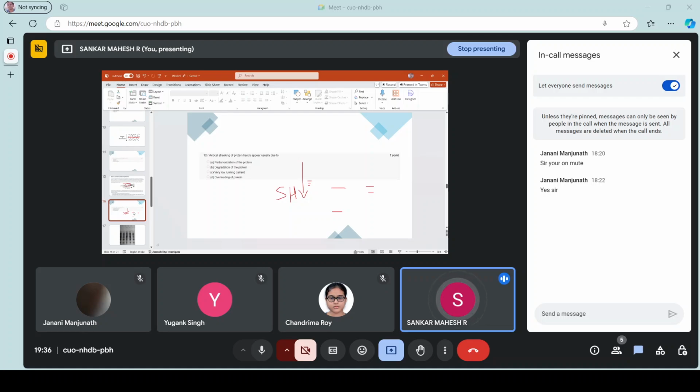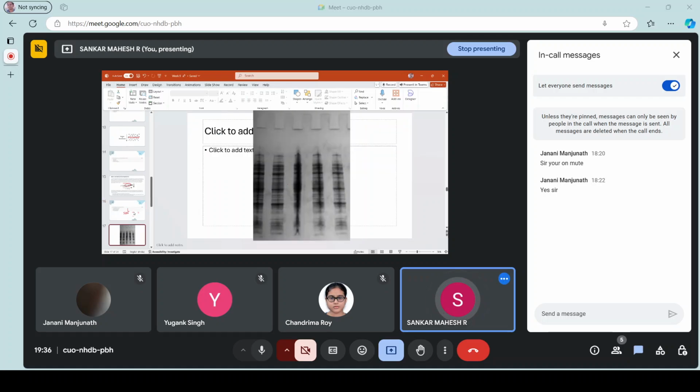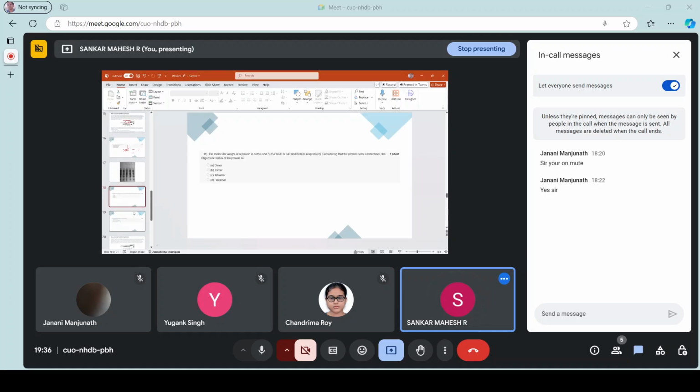We also looked at what vertical streaks are and when this would happen, and how to calculate the molecular weight of a protein oligomer given its molecular weight in the native PAGE and SDS-PAGE.